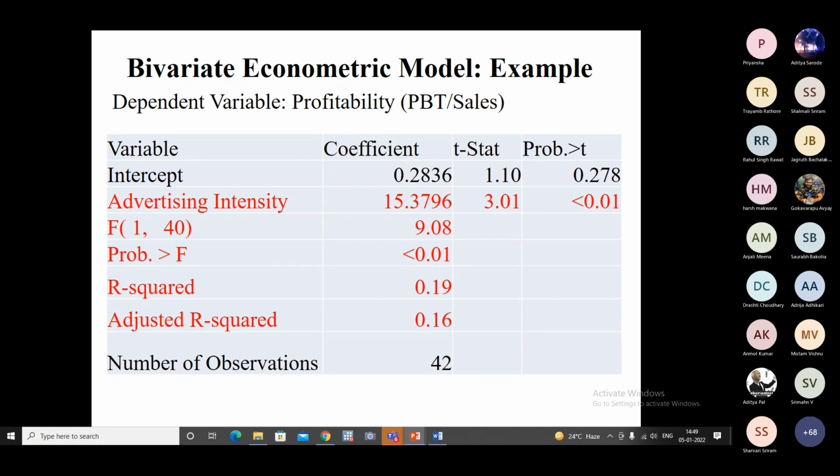Subsequently, I'll be showing you some examples where, depending on how you measure the variables, it may so happen that the coefficient doesn't turn out to be statistically significant at all. This is what I was pointing out in yesterday's class, that measurement of the variables should be very, very important.